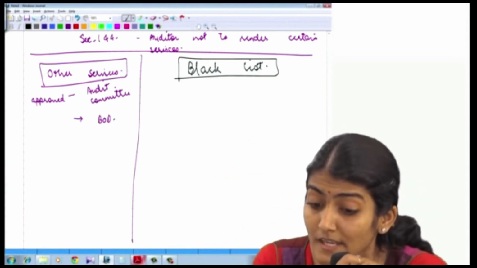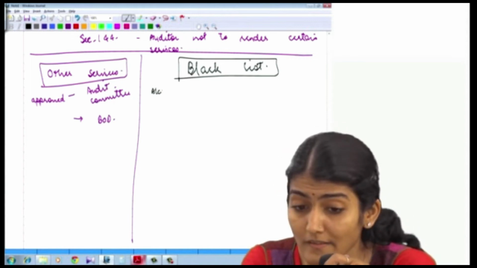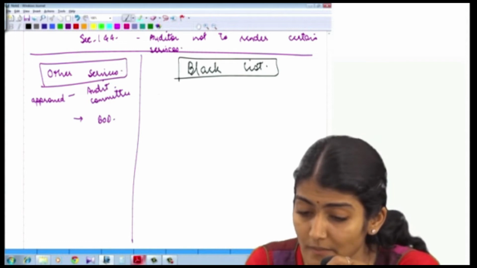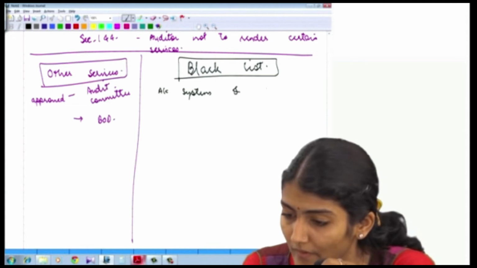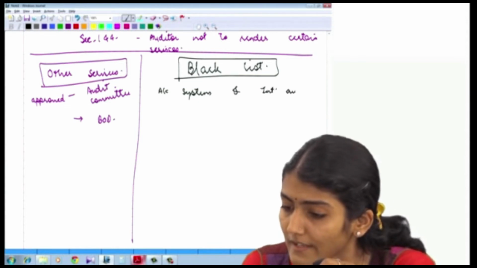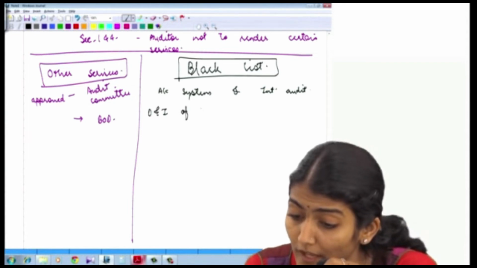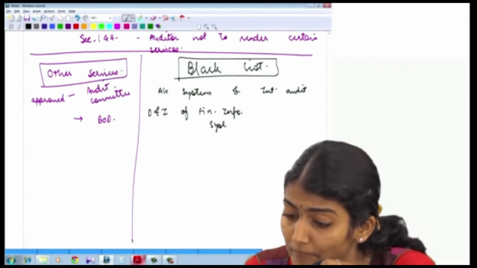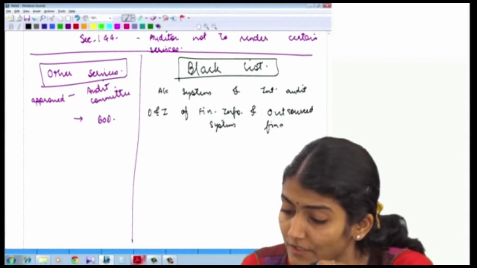What is that blacklist? It says one, the accounting work. And what does it say? The internal audit, accounting and financial systems. Yes, accounting work and the internal audit work. Then it says design and implementation of the financial information system and the outsourced financial services. Outsourced, right? Outsourcing, service organization.